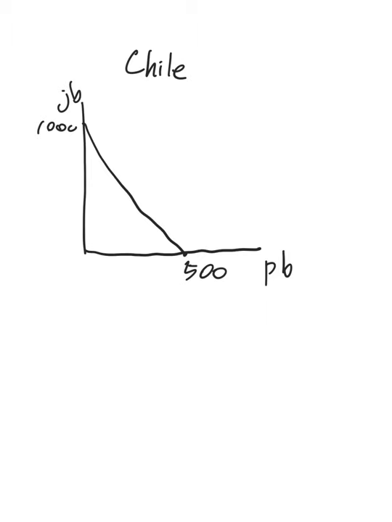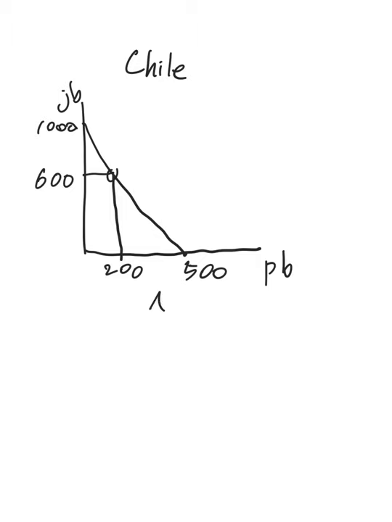I'll put it in now, that this is where Chile is in autarky. In Chile, if there's no trade, based on people's preferences for consumption, that is what they will choose to be producing and consuming. That quantity, 200 peanut butter and 600 jelly beans, measured in the appropriate units.